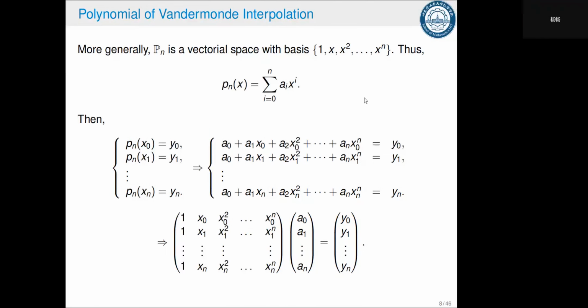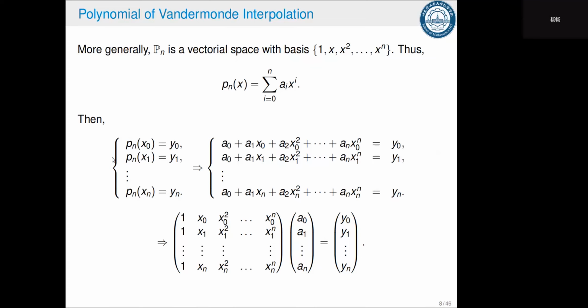So now let's continue. Here we will consider a more general case, that is a polynomial of degree n. This is the formulation, and once again you see here is the interpolation condition.